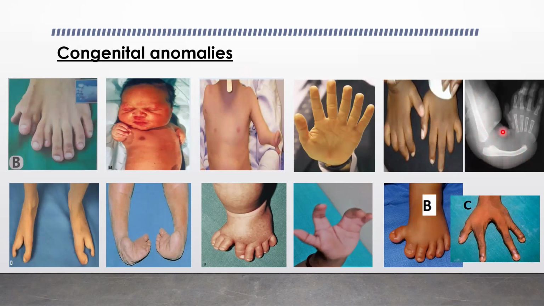So remember, radial agenesis is a spectrum of disorders giving us various bones, like absence of the radius bone. The spectrum ranges from 1 to 4, with the most severe one being radial agenesis, like complete absence of the radius bone.